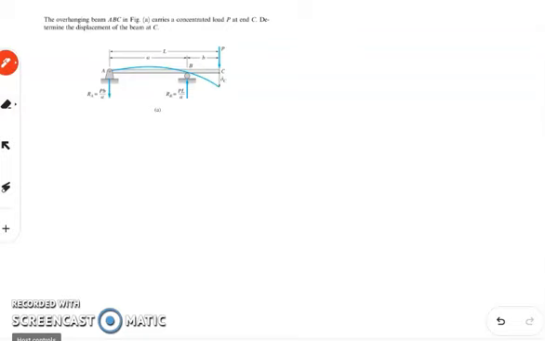So we draw the tangent line so that we could identify our slope at point B. So we have here our elastic curve, and if we draw a tangent line, we have our tangent line.